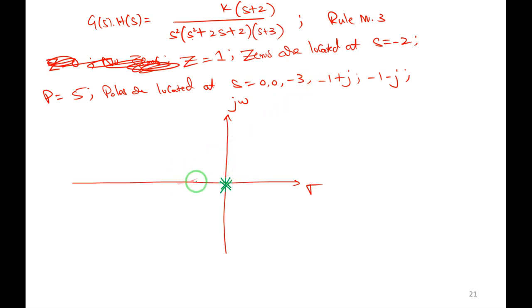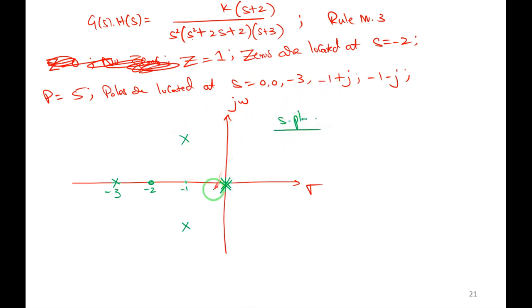Minus 3, and one pole is minus 1 plus j, minus 1 minus j, with minus 1 here. Next, minus 3. So I located 5 poles here. Next, I look at zeros. S equal to minus 2. Yes, I located all the poles and zeros in the S plane.